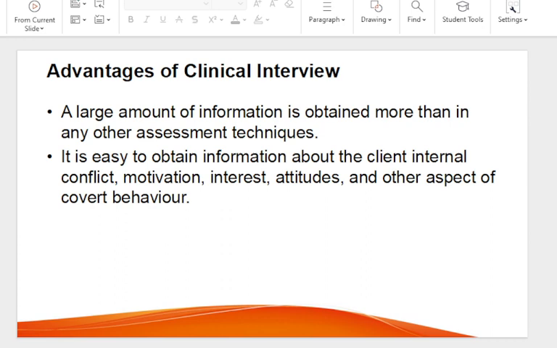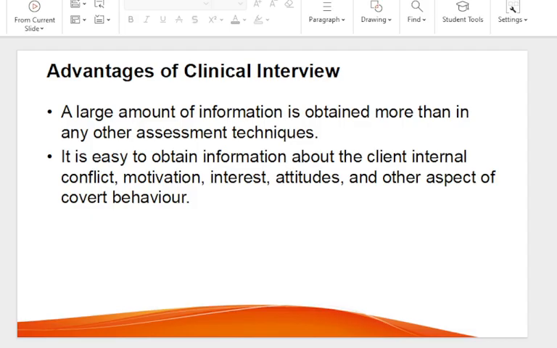Now, in objective assessments or in other forms of assessment techniques, you are only able to receive the amount of information that the person gives according to their reaction to the stimulus you present to them or the questions you give to them.